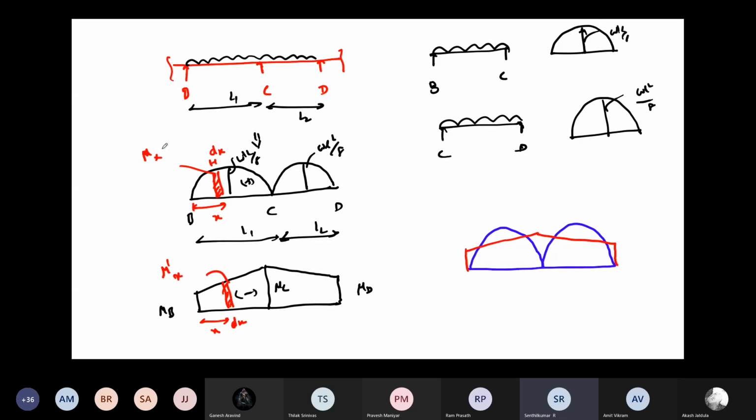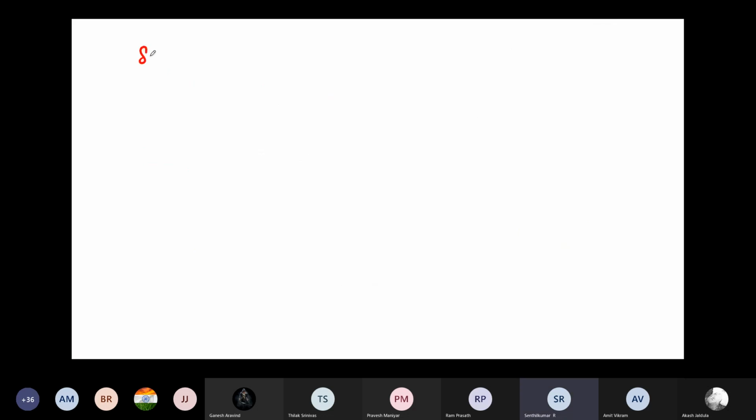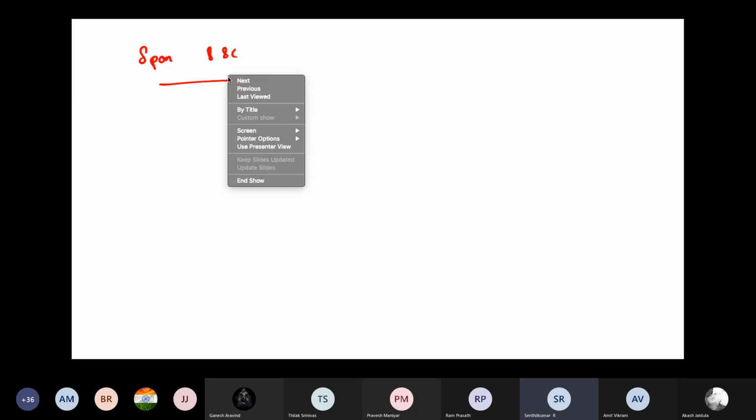This is positive moment, this is negative moment. That's why I'm putting dash. Dash means negative moment. This is positive. At x distance, what is my moment? I'm just taking the dx strip. Okay, so at that x distance, what is my moment? Okay, I'm going to find out. Just take span B and C.